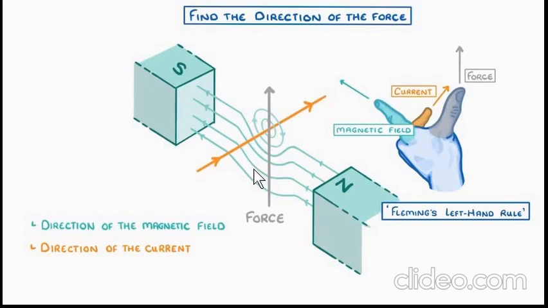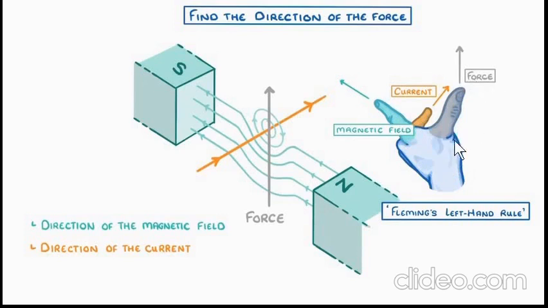How can you learn or memorize these three fingers and what they represent? The first finger represents field. First starts with F, and field starts with F. The word second has a C in it, so the second finger represents the current. And the thumb represents force or thrust.